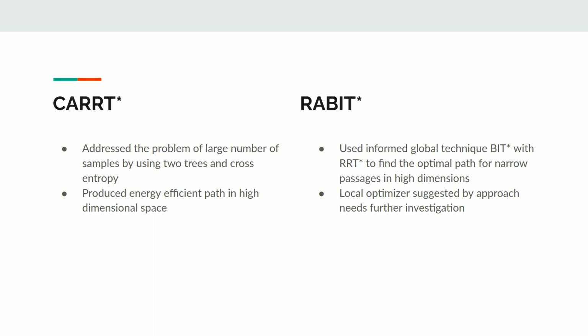RABIT star uses the informed global technique BIT star with RRT star to find the optimal path for narrow passages in high dimension. The local optimizer suggested by the approach needs further improvement. So these are the variants that the paper studied, and thank you.